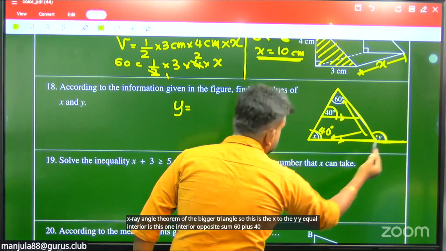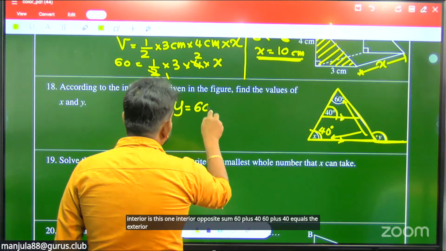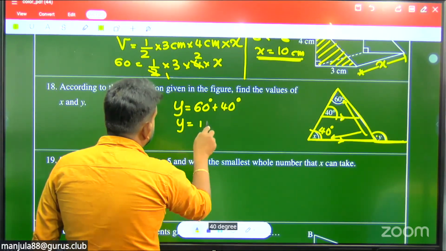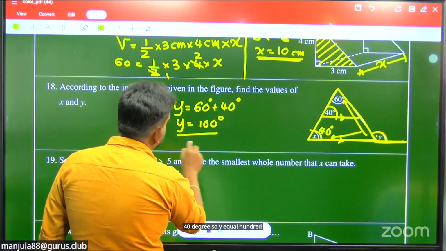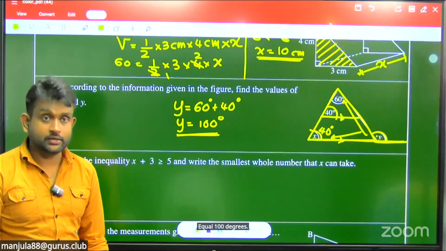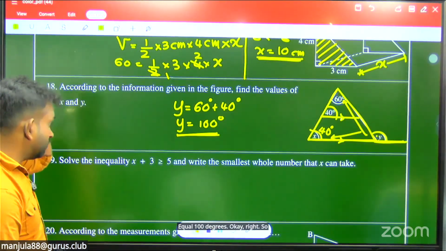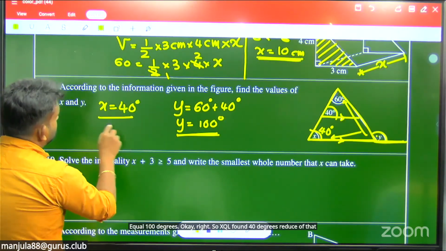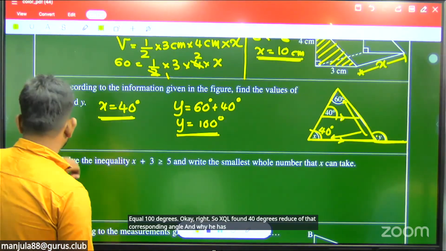So y equals 60 degrees plus 40 degrees, y equals 100 degrees. So x equals 40 degrees by the corresponding angles, and y equals 100 degrees.